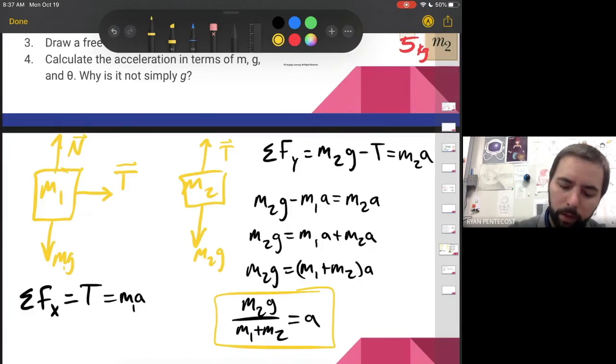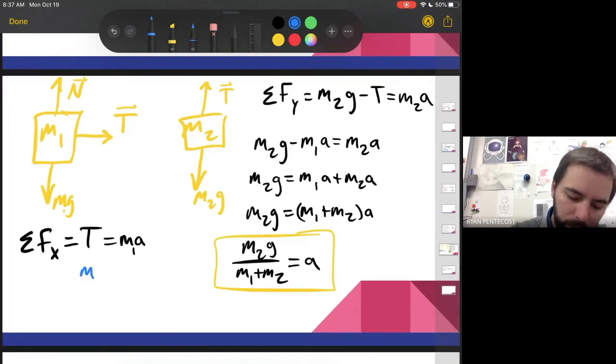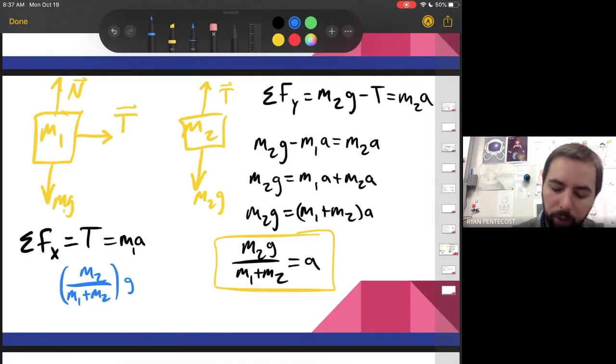Well, if we look at this, we have this ratio of m2 over the sum of masses, times g. We have to take into account that these objects do have inertia. They do have mass, and they are going to resist that acceleration.